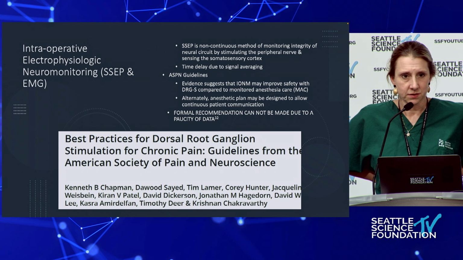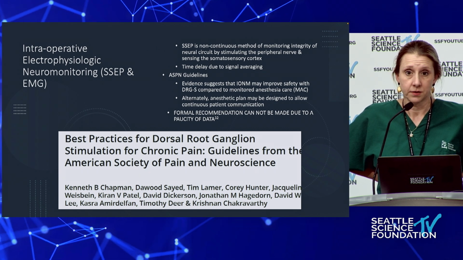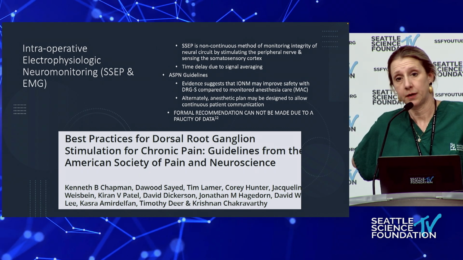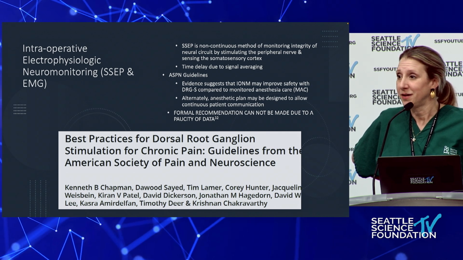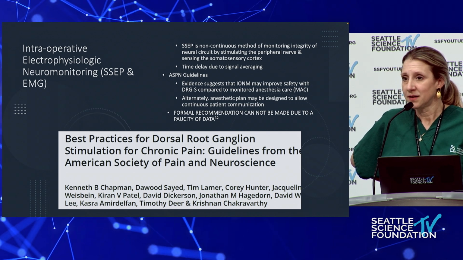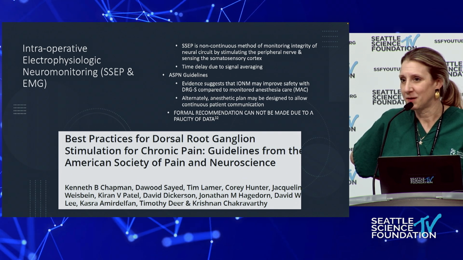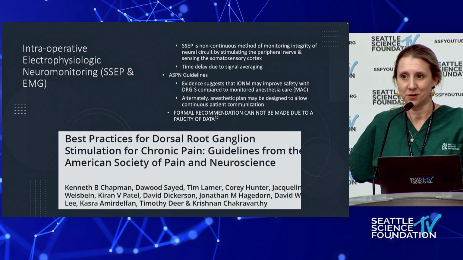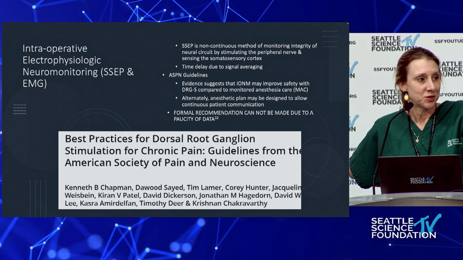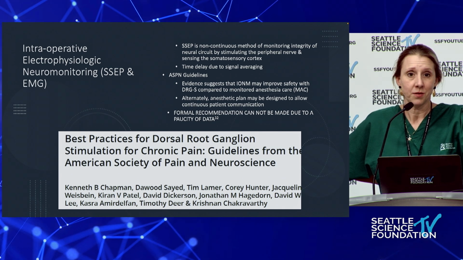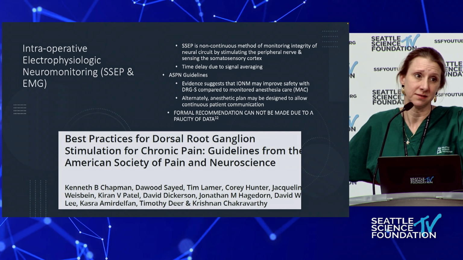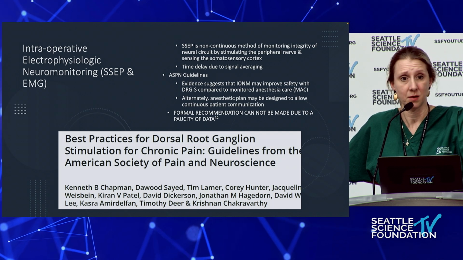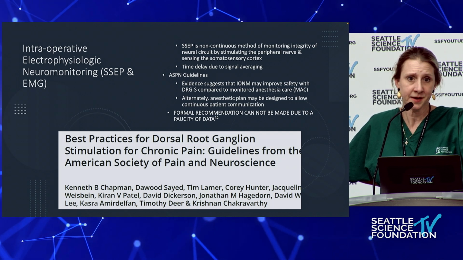So if you are concerned, and the same is true for conventional posterior epidural neuromodulation cases, if you're concerned about injuring the nervous system, then more important than calling in your neurosurgical support team and doing all the electrodiagnostics, perhaps allow your patient to be a little lighter in the operating room so they can communicate with you if they're feeling something unexpected.